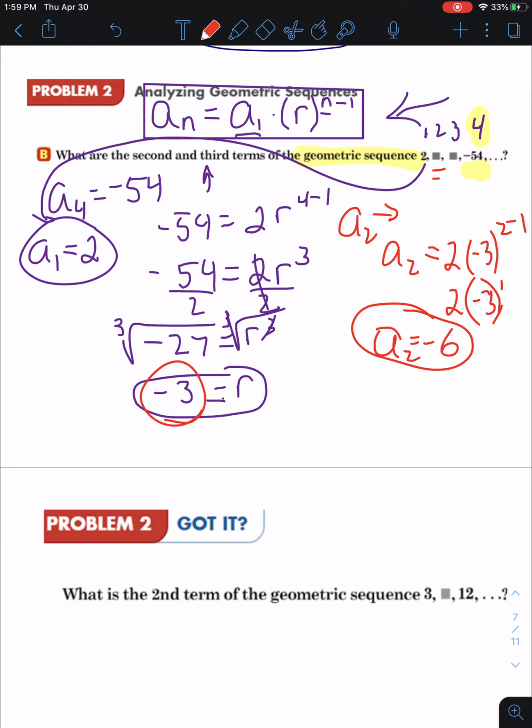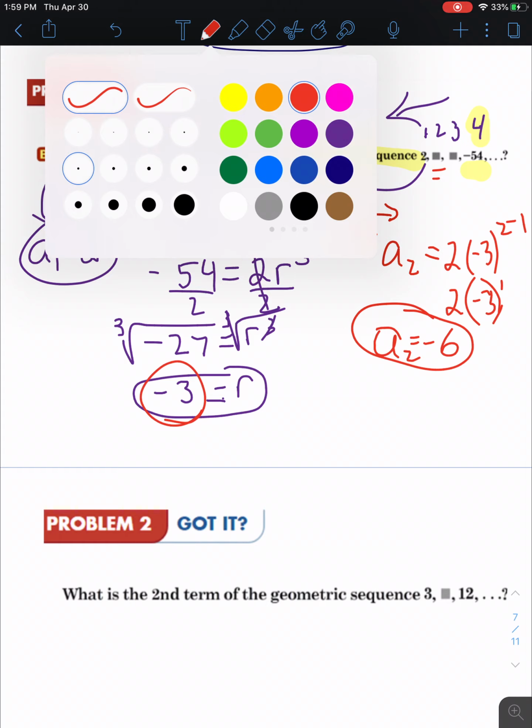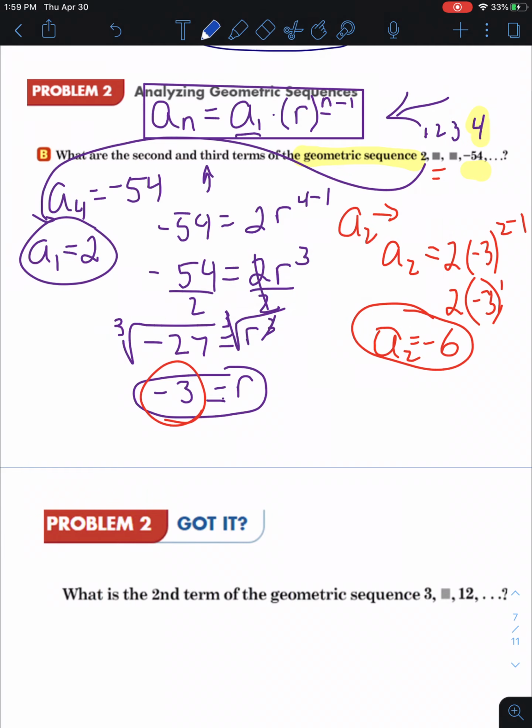Now to find the third term, let's go to a different color yet. Let's go to blue. So a sub 3 would be 2, again, the first term, times r we said was negative 3 times 3 minus 1, or squared power. So that's going to be negative 3 to the second times 2.